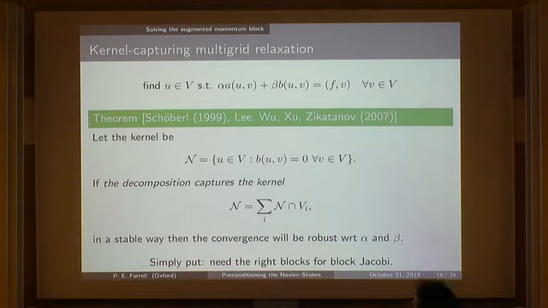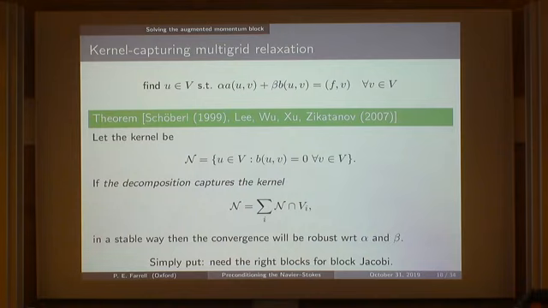So here's the result. This summarizes, maybe a bit too much, the results by Joachim Schöberl in the 90s and Professor Zhu and co-authors a little bit later on. We define the kernel of this semi-coercive term. These are all the functions that have divergence 0 in our case. So it's all the functions that I can plug in the first slot so that when I test them against the test functions, that's equal to 0.